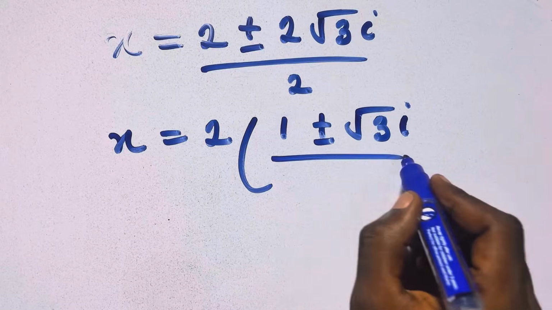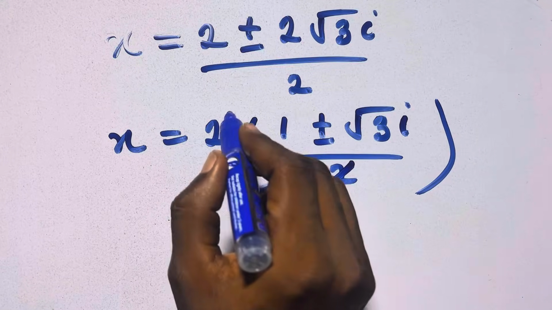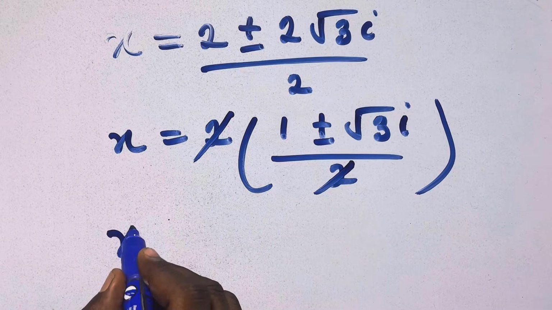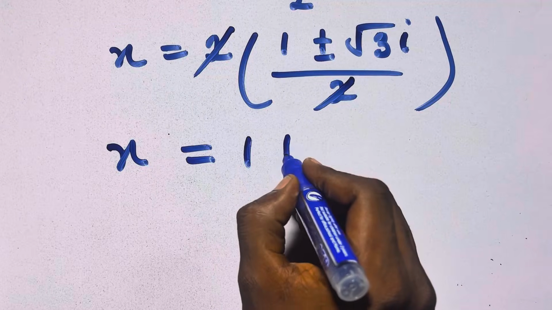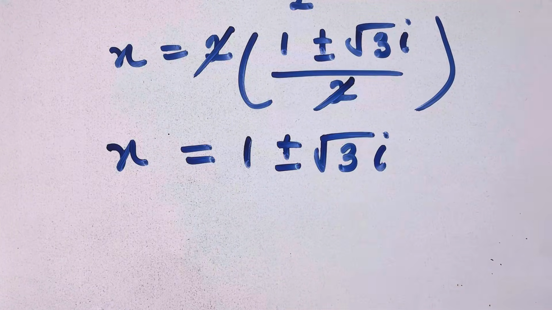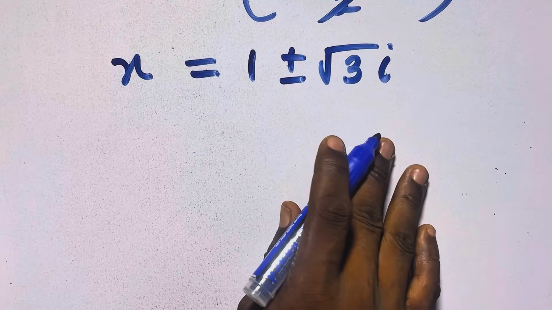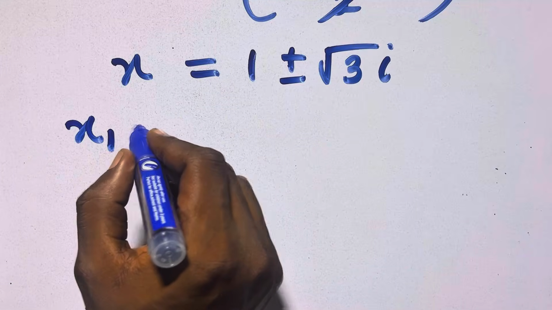So we have 2 multiplied by 1 plus or minus square root of 3i divided by 2. And what will happen here is this will cancel out this, right? And we are going to have x equals 1 plus or minus square root of 3i. I hope you understand. So we have two solutions here.